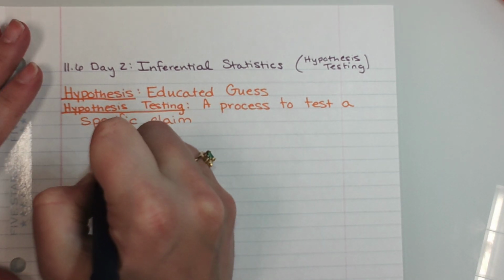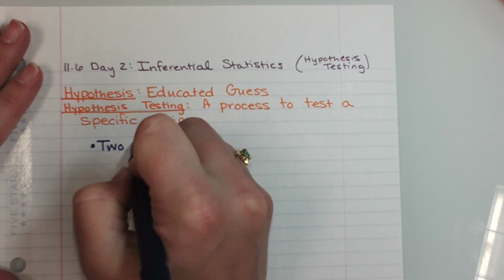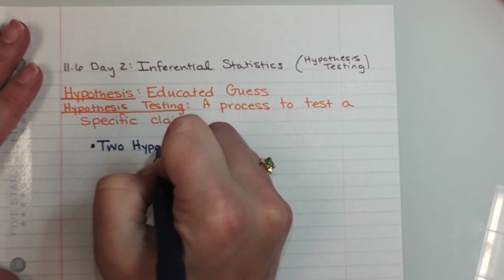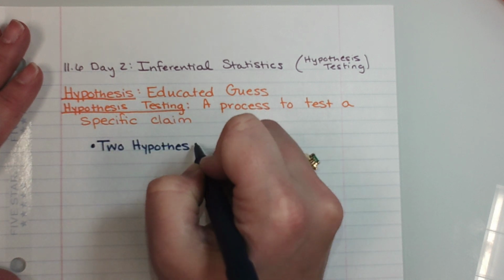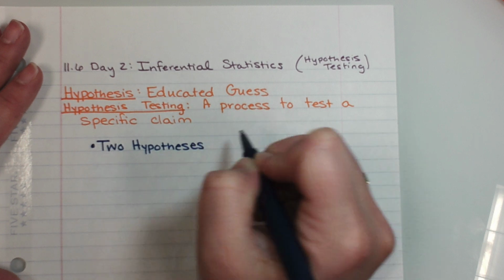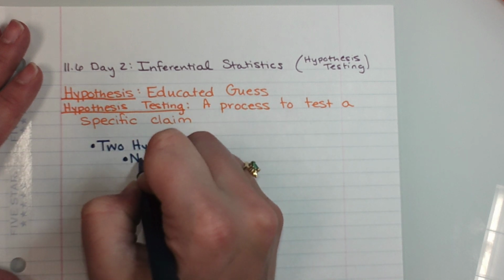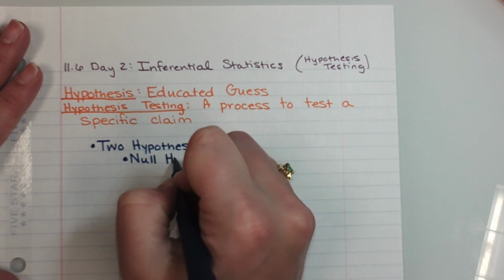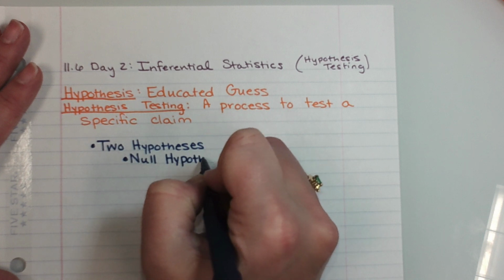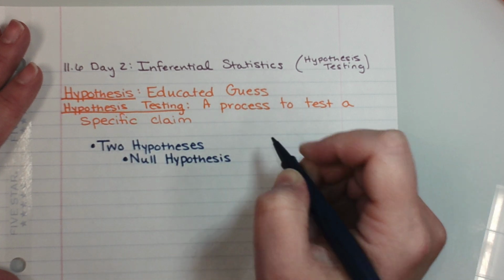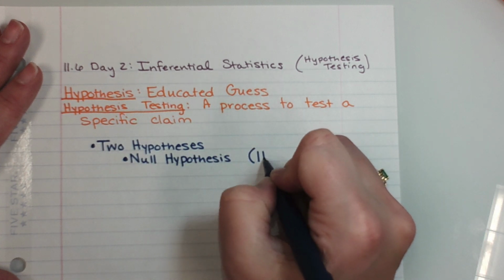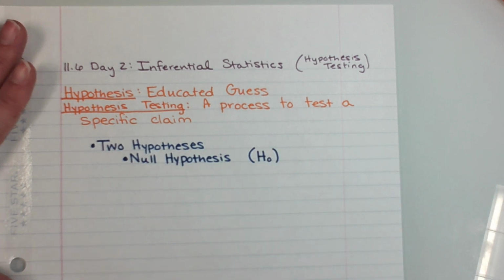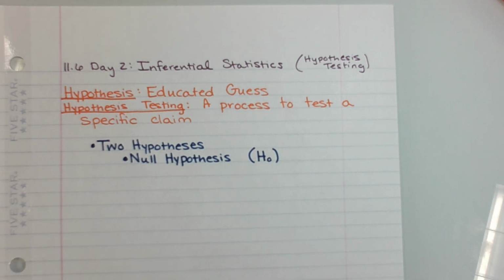In order to go through and do a hypothesis test, there are technically two hypotheses. One of them is known as the null hypothesis. It's denoted by H sub 0.